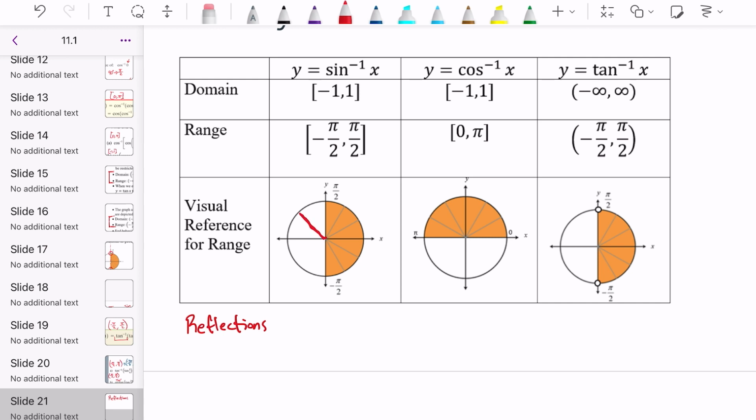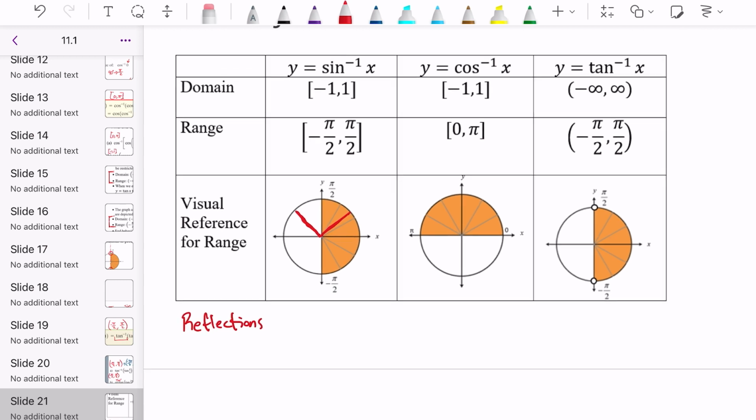So if we ended up in the second quadrant, we would reflect over the y-axis and into its appropriate quadrant on the right-hand side. So the reflection is over the y-axis.